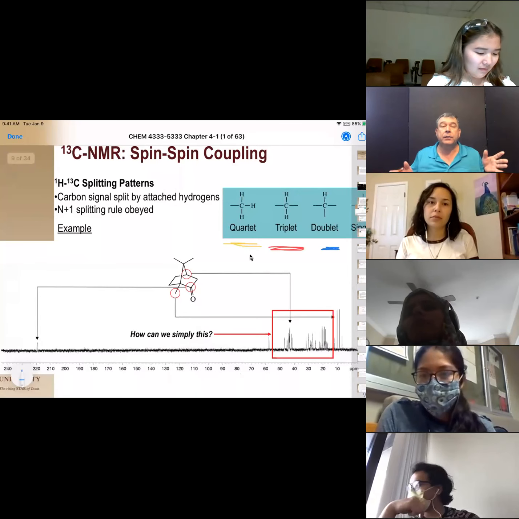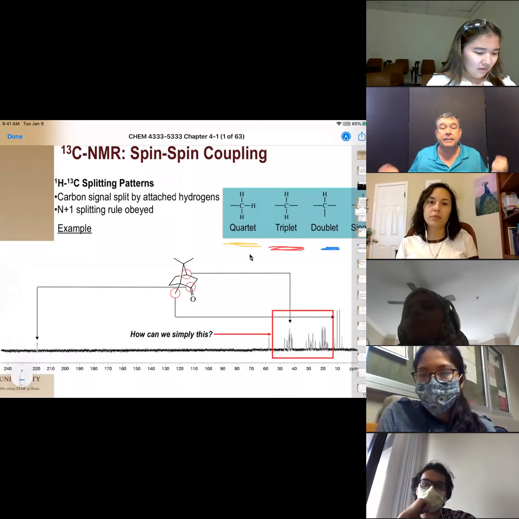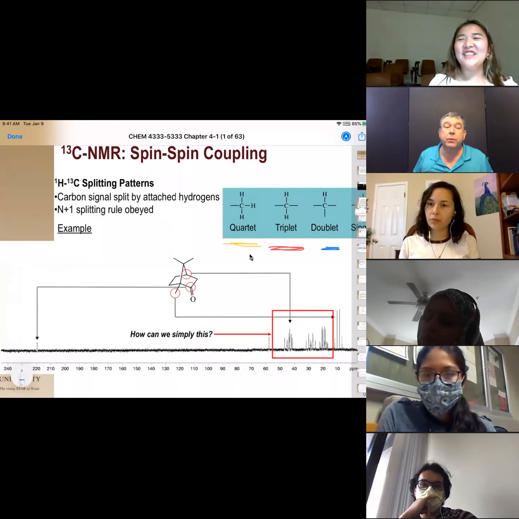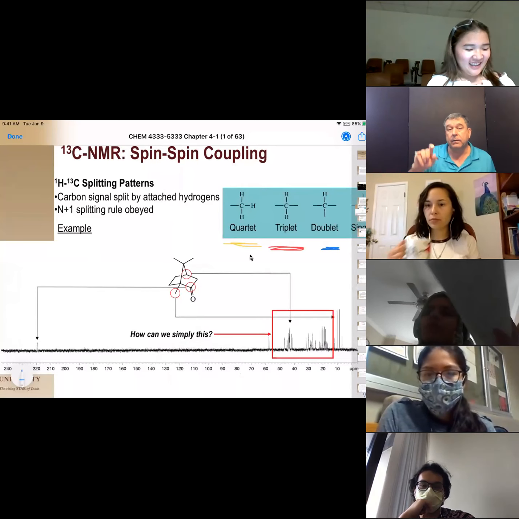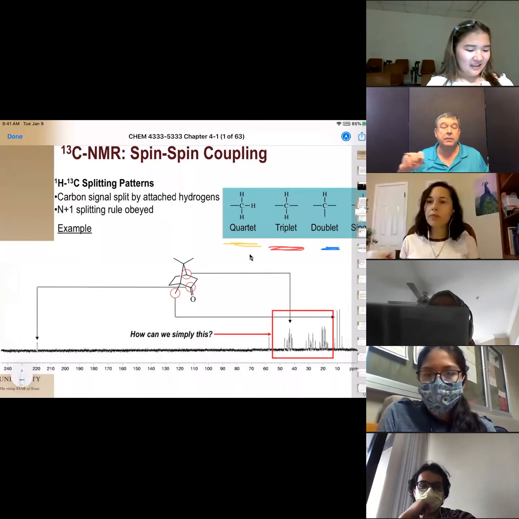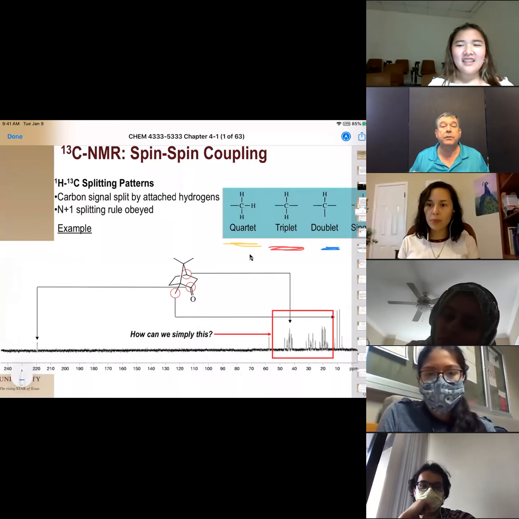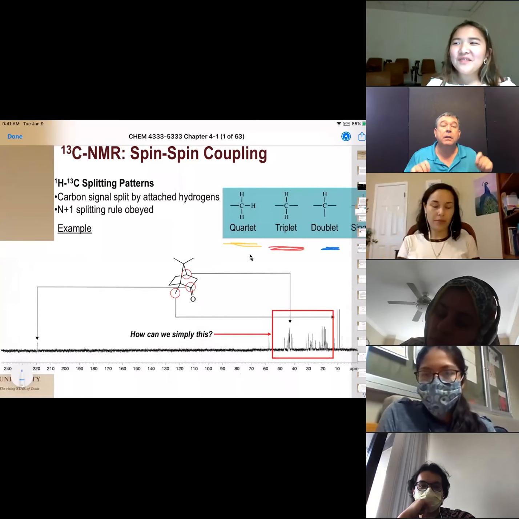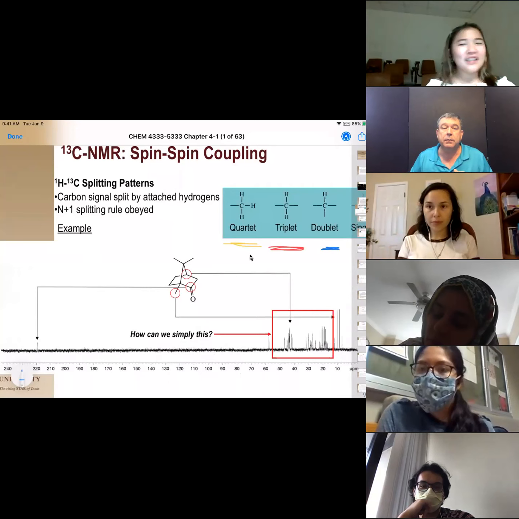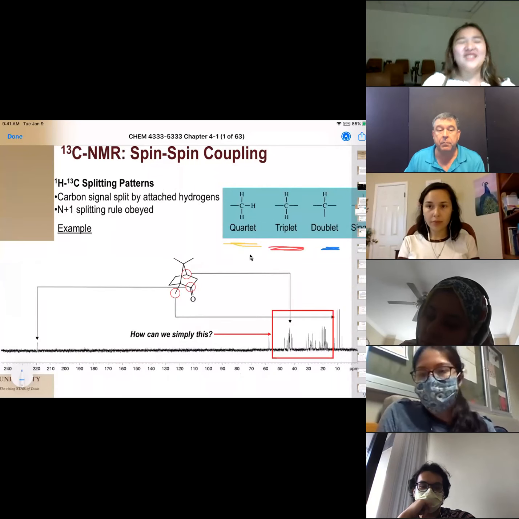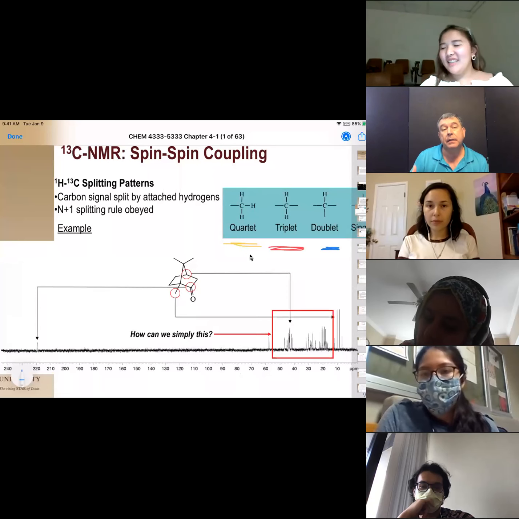And if there are no hydrogens, it would like to be a singlet. So without our decoupling, that N+1 rule applies across a single bond. Notice we don't go through the 3 bonds that we see in hydrogen splitting. It's actually directly attached. A single bond attachment leads to this hydrogen-carbon spin-spin splitting. But again, most of the time we eliminate that with a pulse sequence.